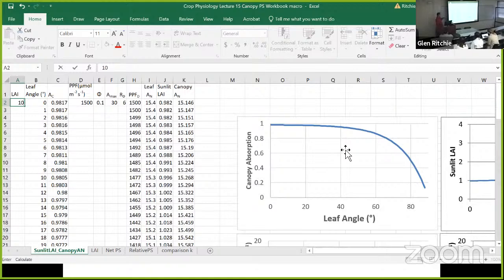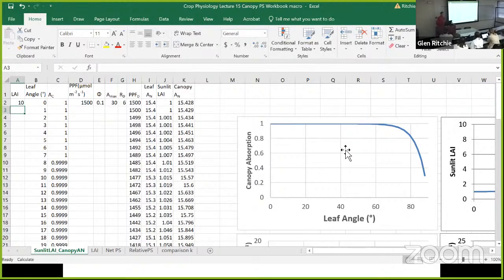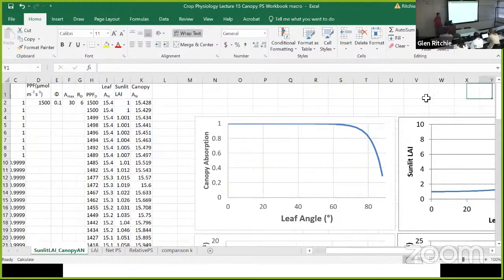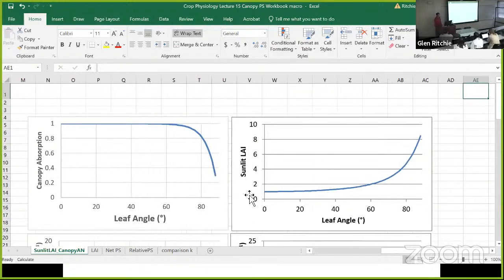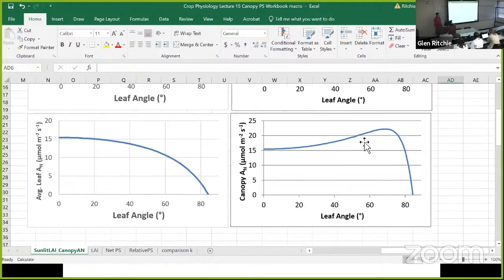So let's try this really high leaf area index in this case and see what happens now. You'll notice that our canopy absorption up until about 70 degrees is more or less maximized. And our sunlit leaf area index also is increasing up to an asymptote. And therefore, our canopy net photosynthesis also has a point at which it's maximized here, substantially above where it was at the 0 leaf angle or these horizontal leaves.